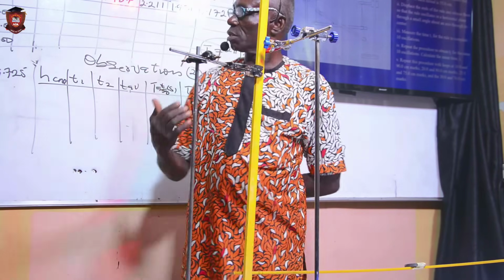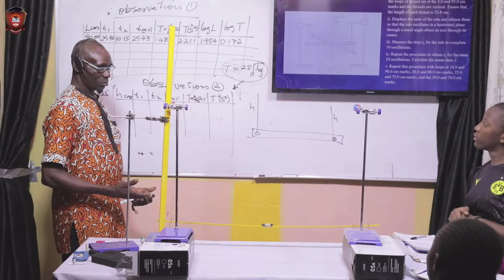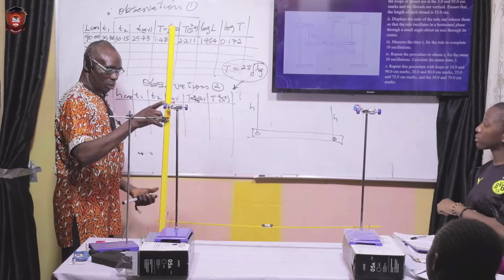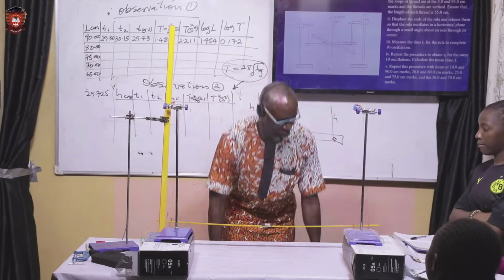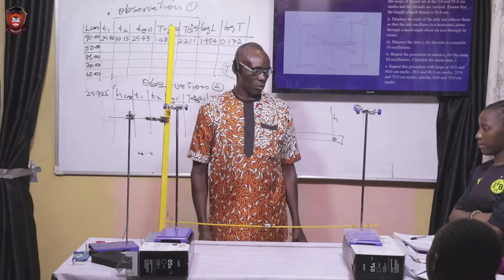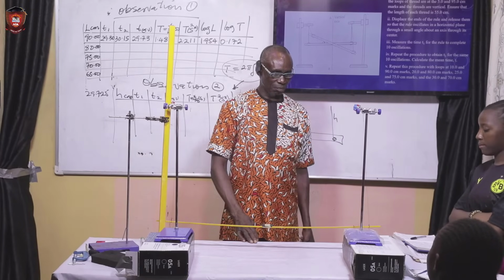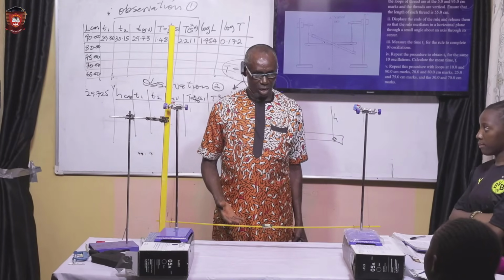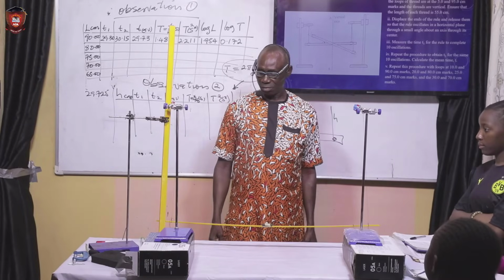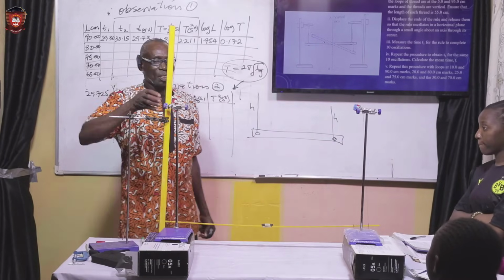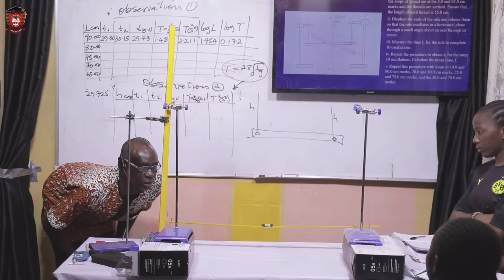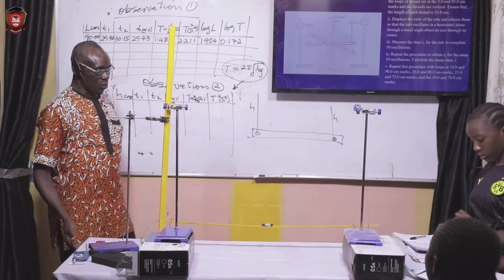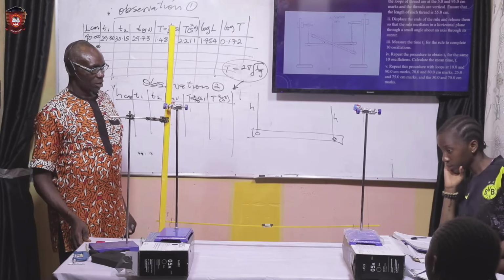So if you are given the height of the thread, maybe as first one as 90, or 80, 70, 60, let's know the height here. Because when they say 90, it means you remove this and then push it down to get 90 cm. Are you following? From the point here, I have 65 minus 12, which gives me 53.